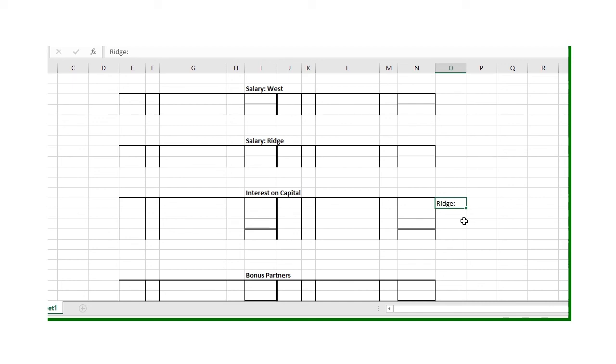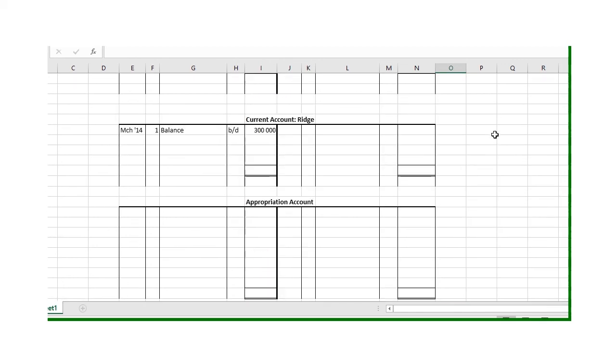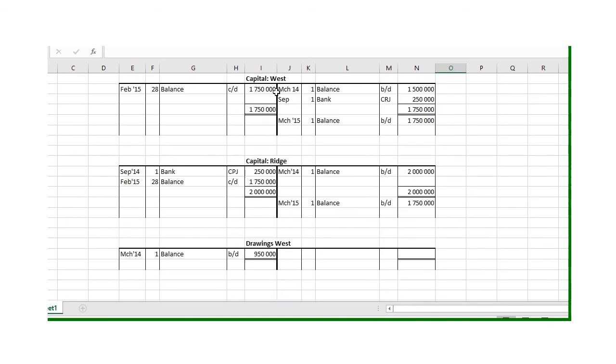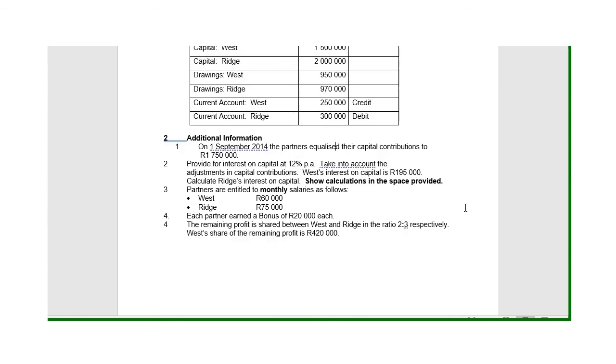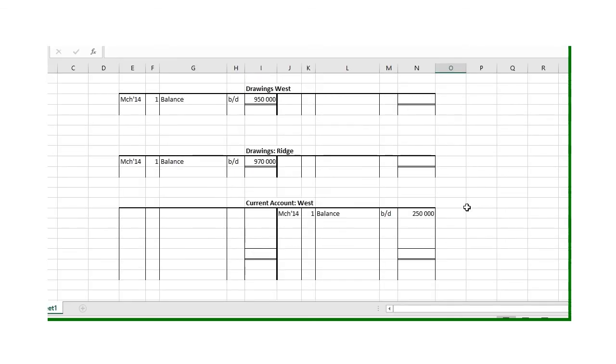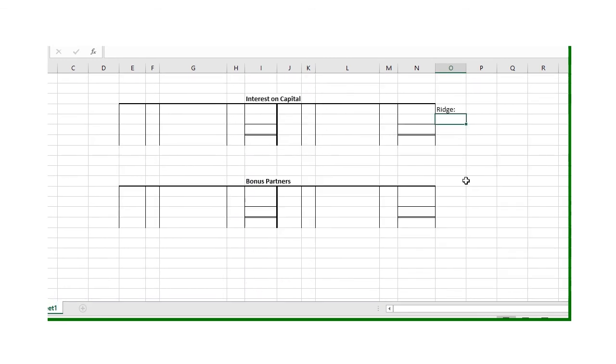For Reach, what amount did he have in capital on the first day of the year? On the first day of the year, March the 1st, he had 2 million.